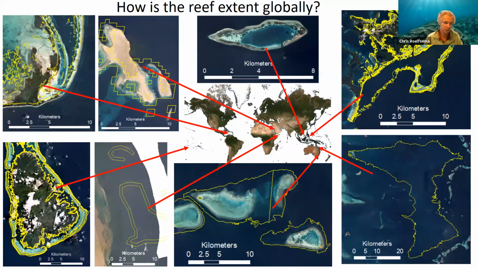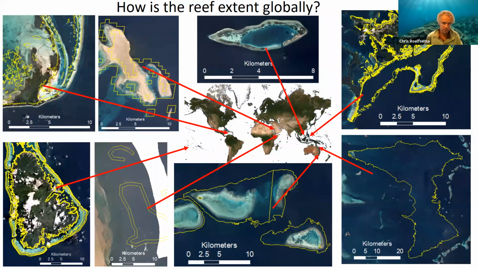Here are some examples of different reefs, mostly at the same scale. That's because the UNEP layer, currently represented by those yellow lines, is the result of anybody sending their best maps to UNEP, and then UNEP puts it together. So the question is, can we improve it to do it on a global scale?